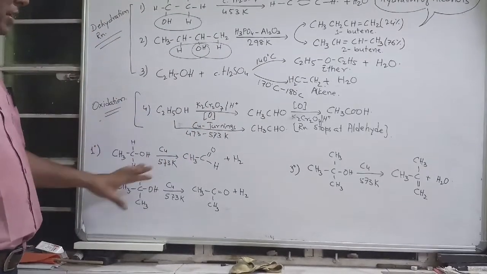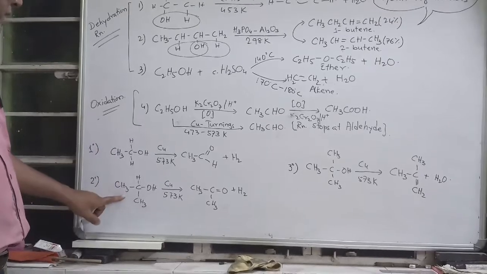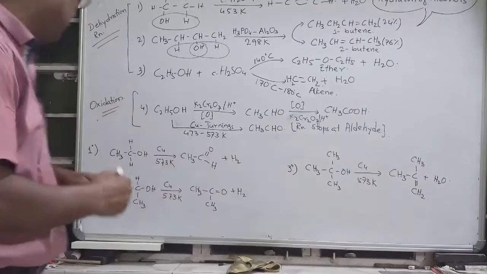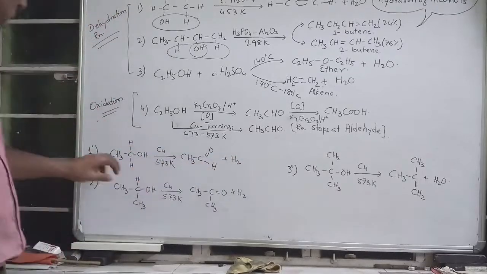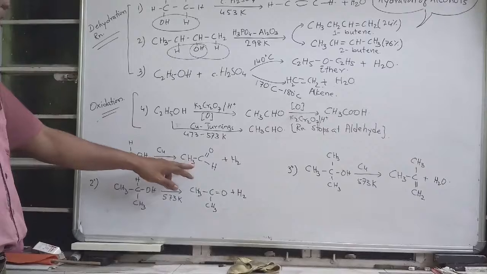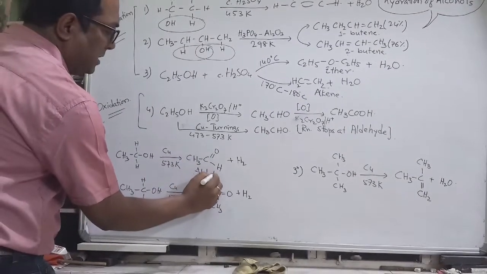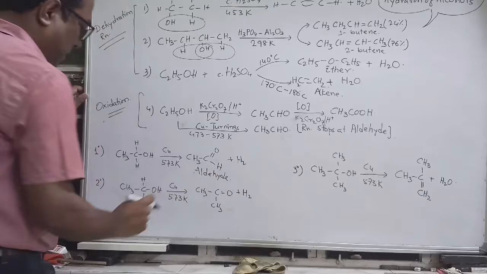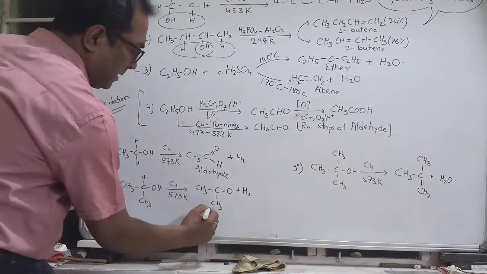And here I have given you 3 examples. One is a 1 degree alcohol, this is a 2 degree alcohol, and this is a 3 degree alcohol. For 1 degree alcohol, copper turnings at 573 Kelvin is going to form aldehyde. With secondary alcohol, it is going to form ketones.